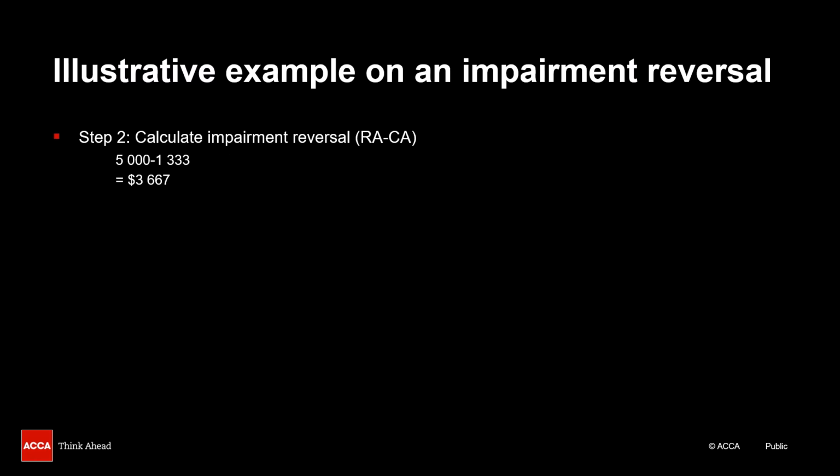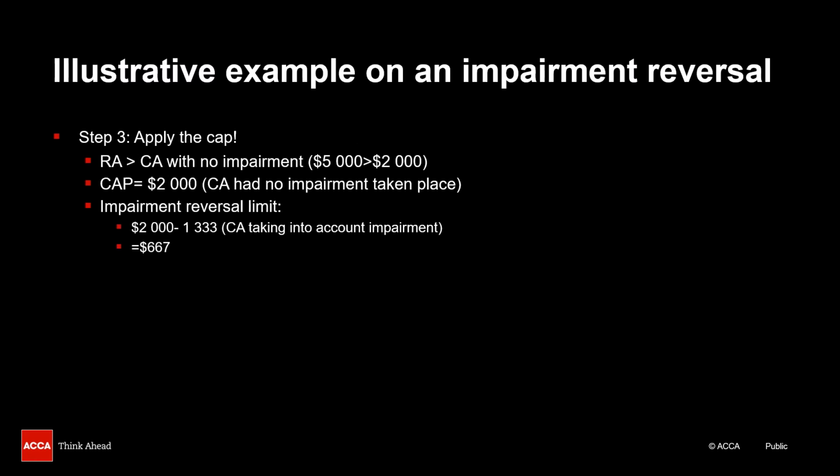Step 2 would be to calculate the impairment reversal, which is simply the new recoverable amount less the carrying amount taking into consideration the impairment loss. In this example, all these amounts have been given, so the impairment reversal at this stage is $3,667. Step 3 is to apply the cap. Remember, the asset cannot be recorded at an amount greater than the carrying amount had no impairment taken place.